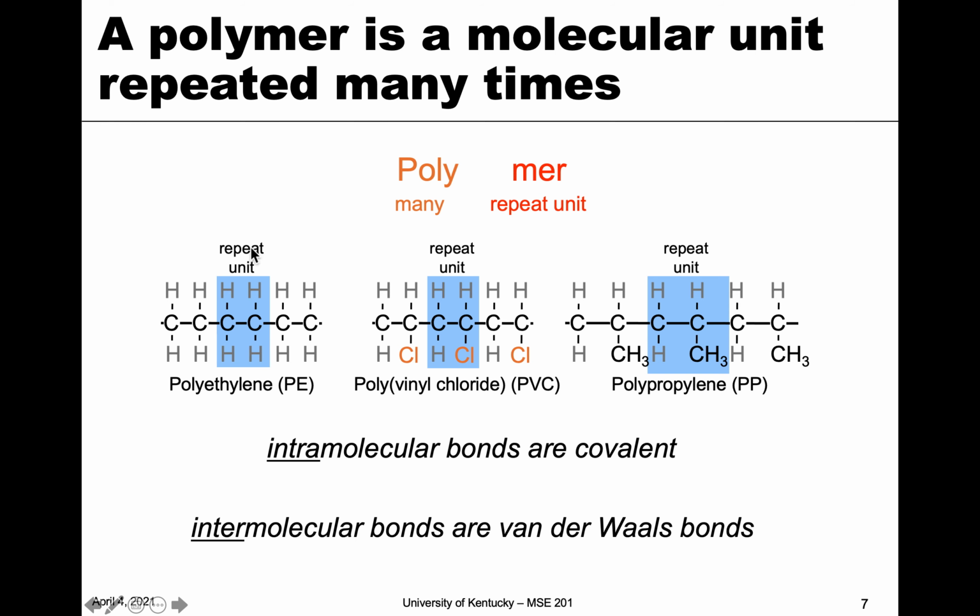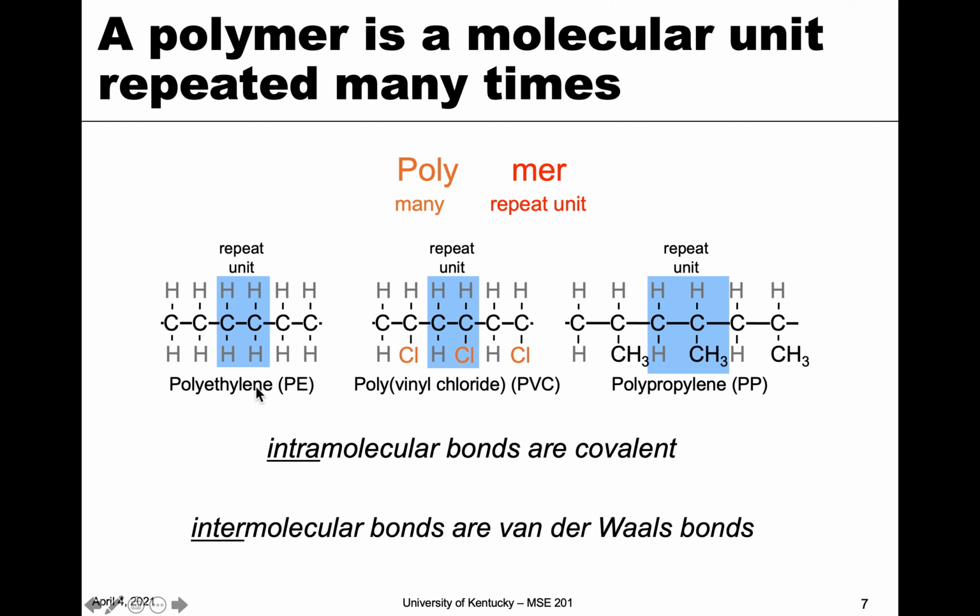For polyethylene, for example, PE, which you might have seen on recycle codes and so forth, the repeat structure is two carbons bonded together filled out with hydrogens off of that chain, and that is then repeated over and over again many times to give us a macromolecule.